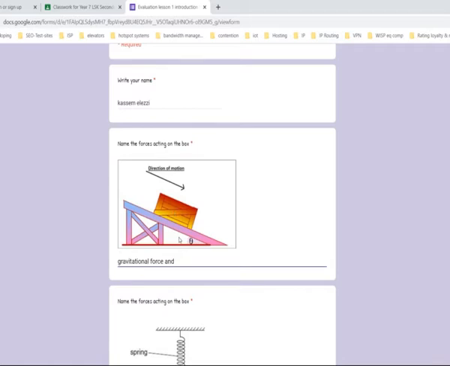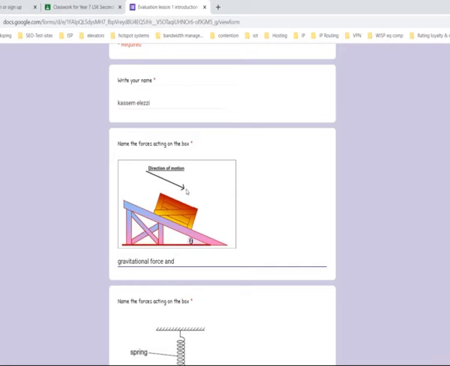I want to tell you that there is a third force. I will not mention it now, but I want to explain it using this video. It is called the normal reaction. When any object is in contact with another object, they touch each other, so there is a force called normal reaction.